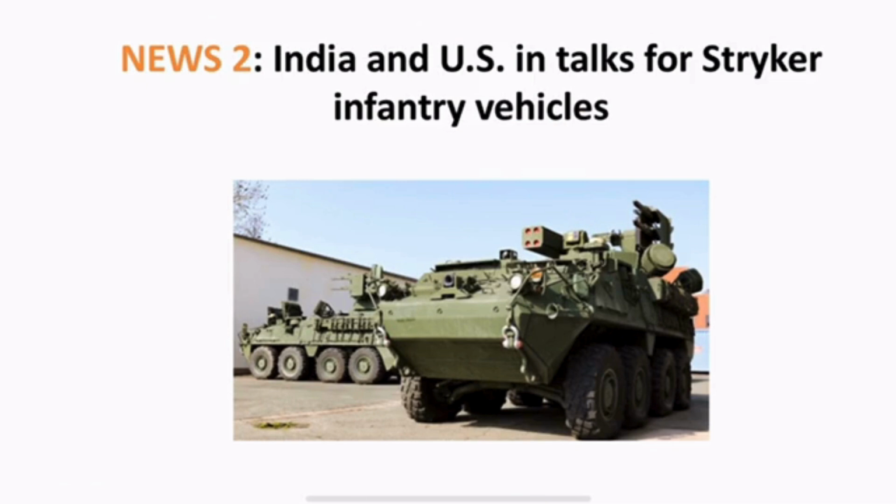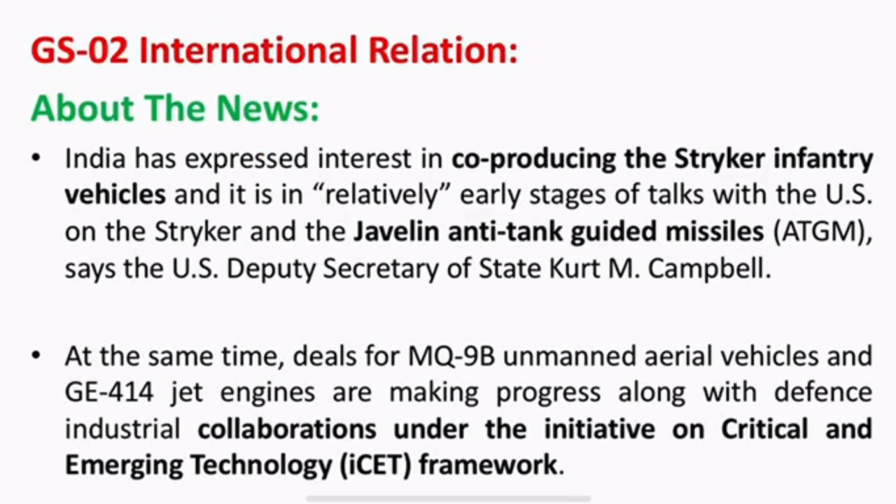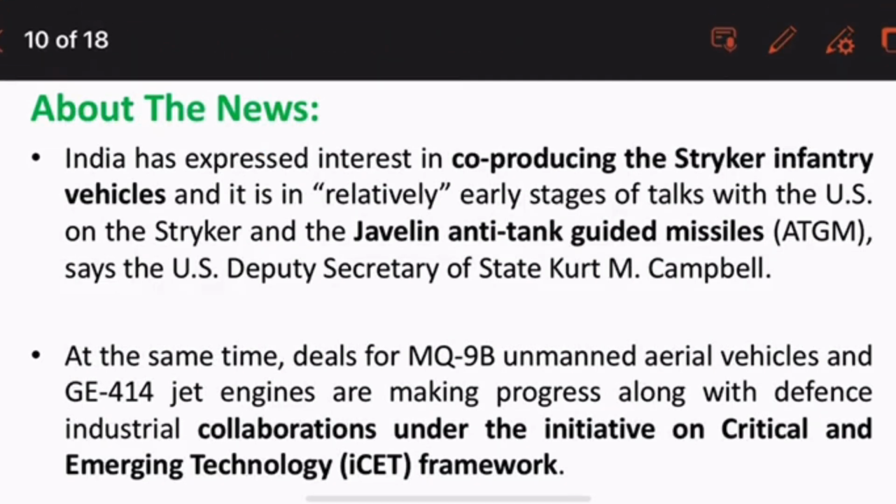Next, India and US in talks for Stryker infantry vehicles. This comes under GS2 International Relations. India has expressed interest in co-producing Stryker infantry vehicles. They are already in relations with the US, and it is in the proposal stage on the Stryker and the ATGM, that is anti-tank guided missiles.